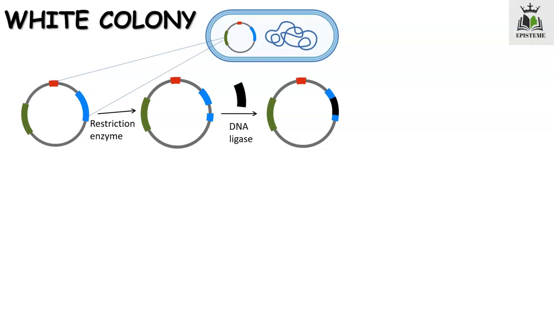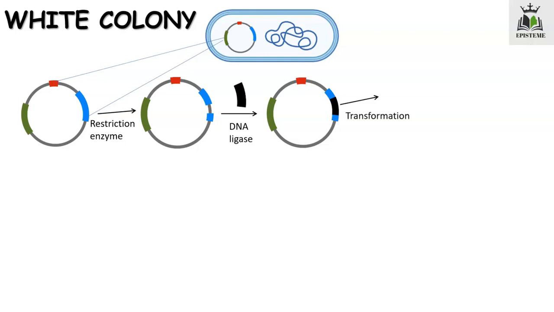So you can see in the cut region we have put the black segment, that is the gene of interest in this experiment, and we disrupted the LacZ region, and thus this plasmid is now considered a recombinant plasmid. Since this plasmid is now disrupted, the LacZ gene is not functional anymore.